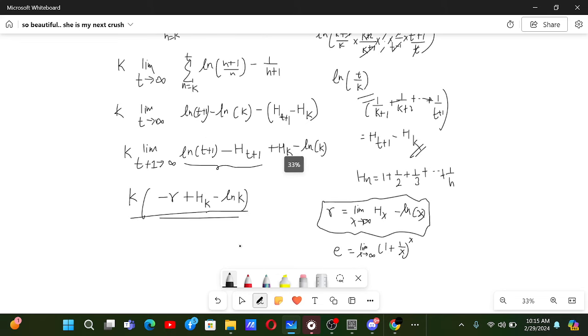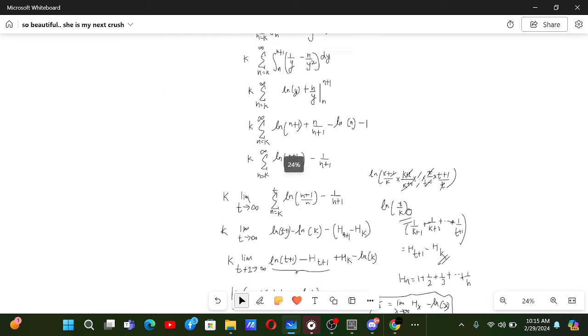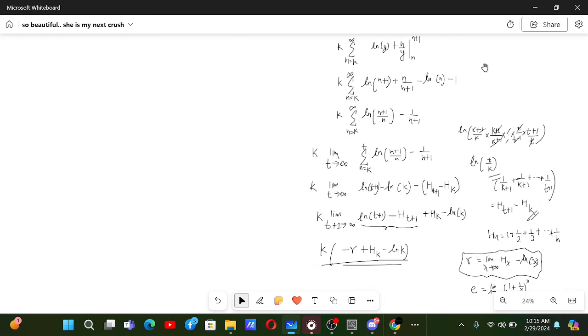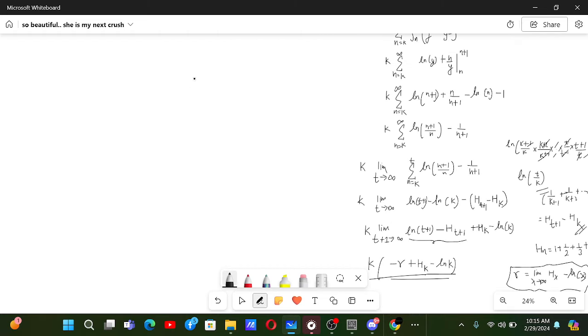Now let's see the special case as well, when k is 1. So if k was 1, now we want the integral from 0 to 1 of the fractional part of 1 by x dx.